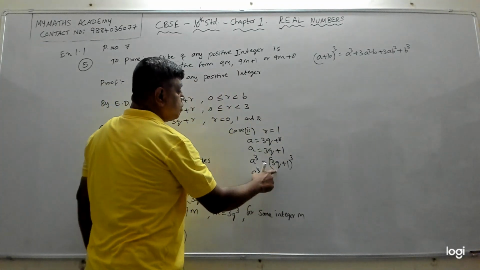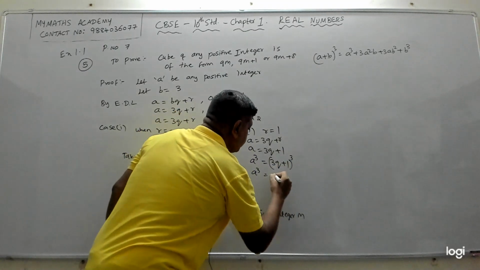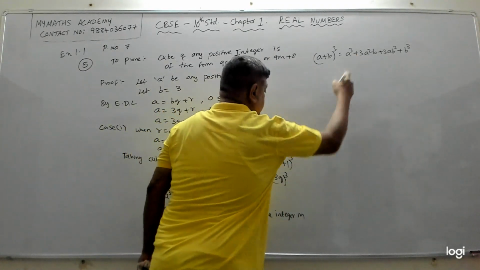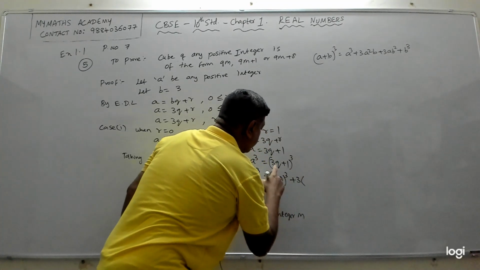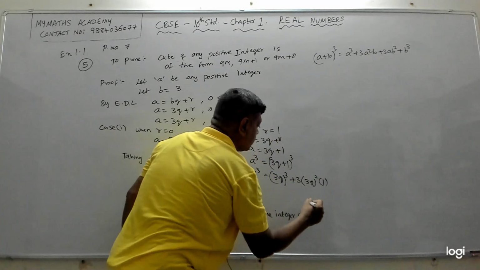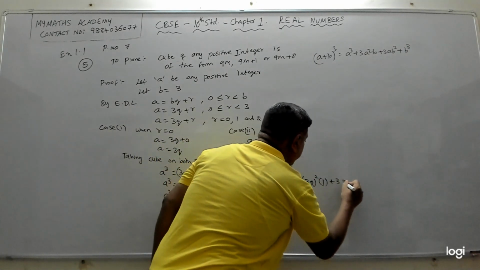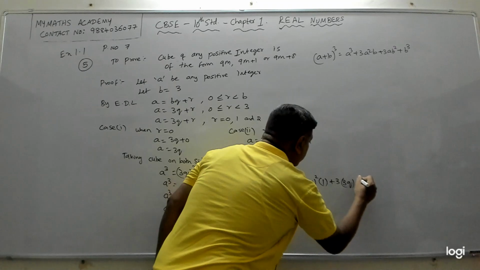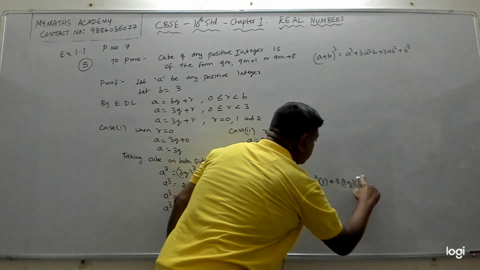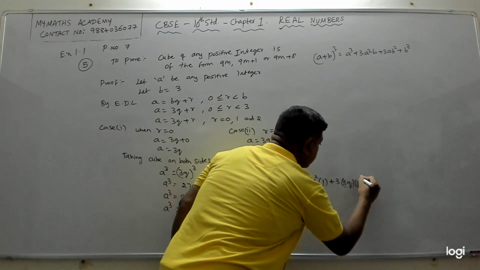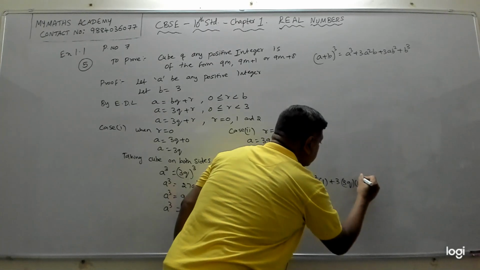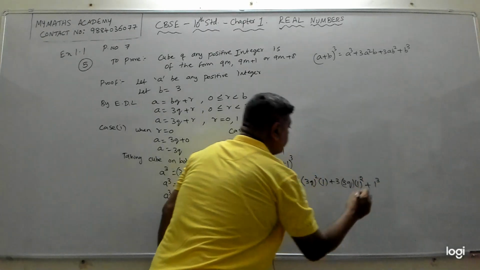So a is 3q here, b is 1. So I will write a cube, a is 3q, so a cube plus 3 into a square, so 3q square into b is 1, plus 3 into a into b square, which means 1 square, plus b cube, 1 cube.